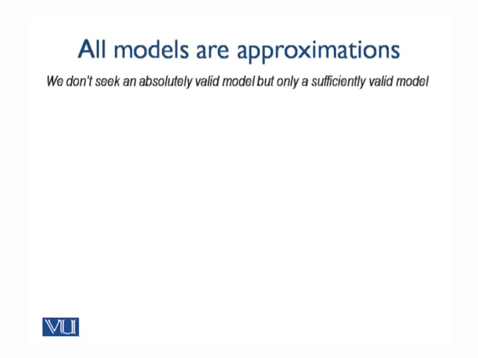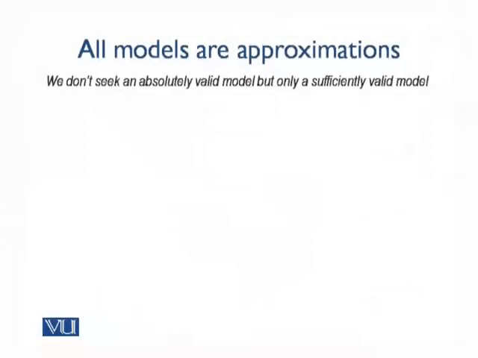The purpose of having a model is to have a simplified approximation which we can analyze more efficiently. If there is no such model and if you want to capture all the details, then you can actually experiment with the real system. So the first thing is that all models are approximations, and we don't seek an absolutely valid model because an absolutely valid model would be too complex for any practical utility.